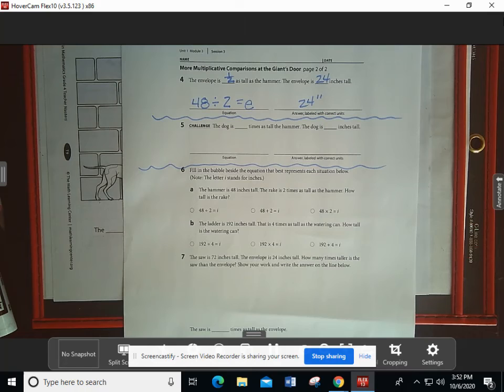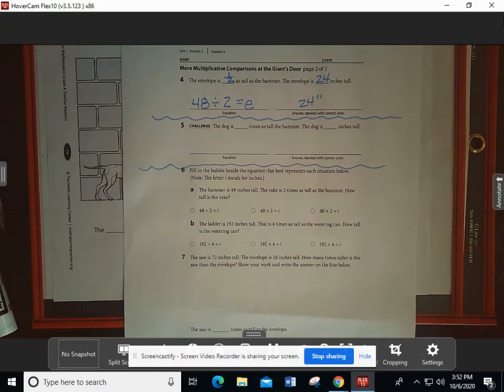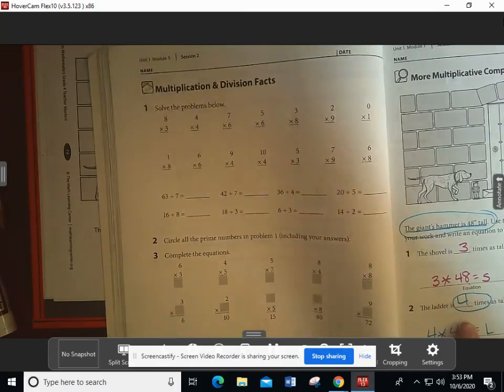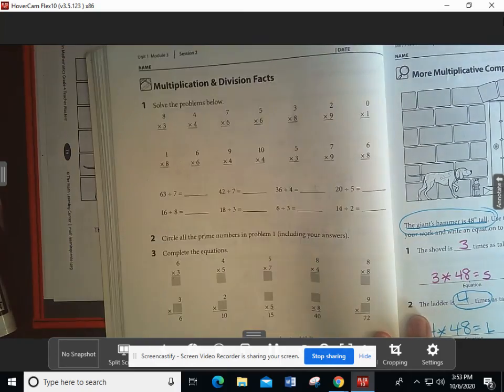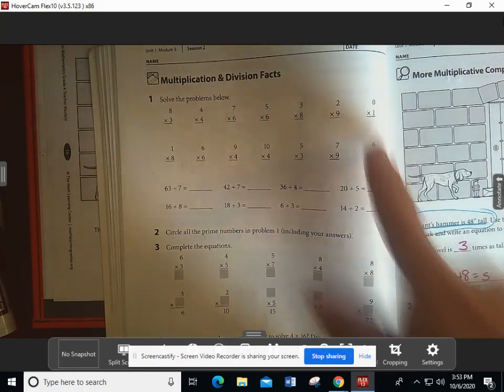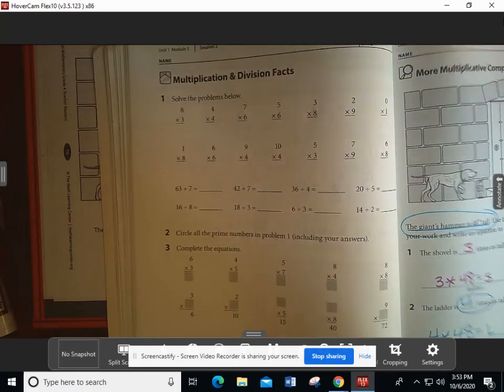Oh dear. If we look at page 30, this is page 30, I want you to give yourself about 5 minutes to start on this, unless you really want to work on the whole thing.